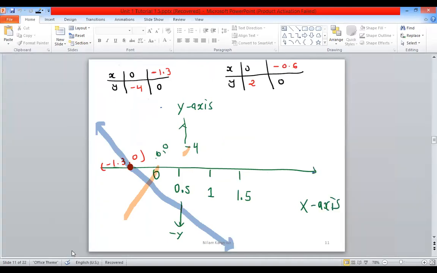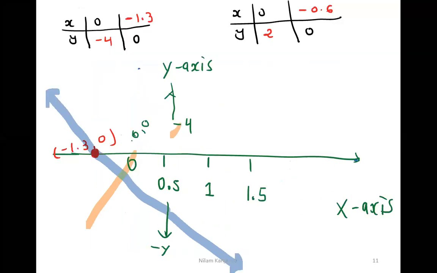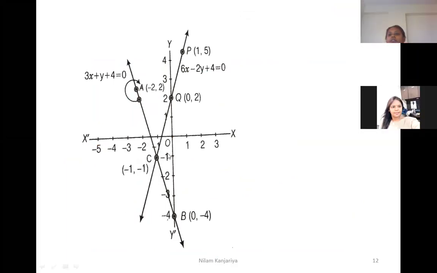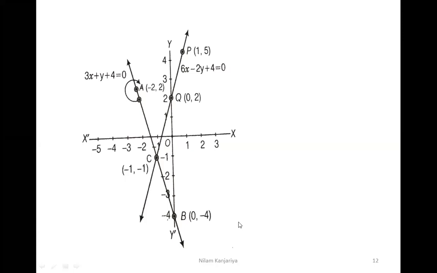Okay, this is not a perfect graph, but such type you can do it. I give you one more example. This is your graph. When you draw, you exactly got this point.